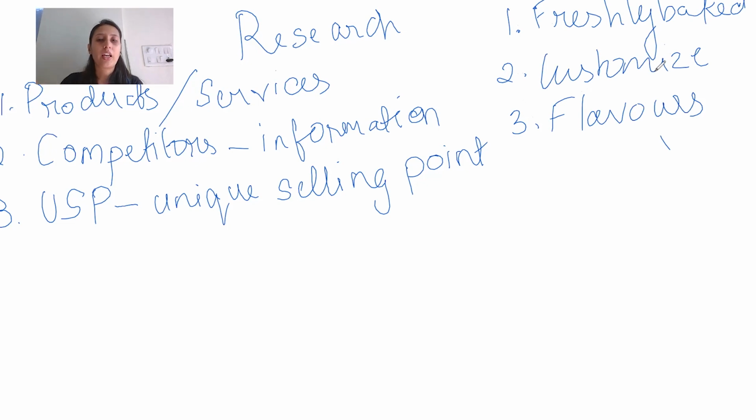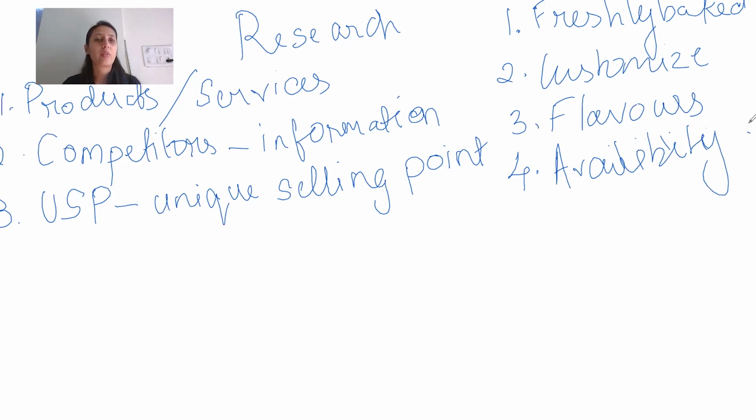I can have a particular range of products for you anytime you want. That is the availability. So I can make it available for you any time of the day.